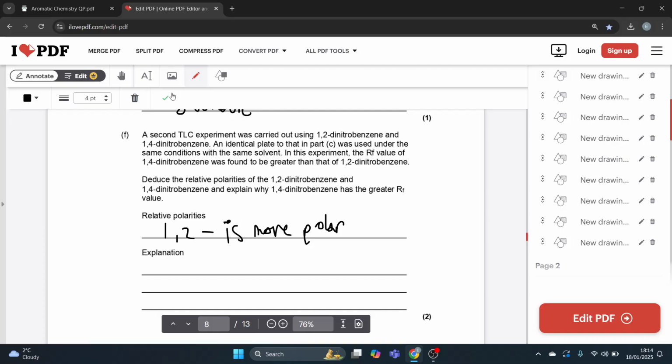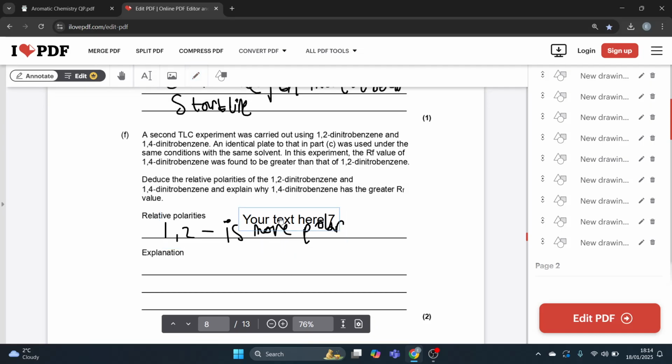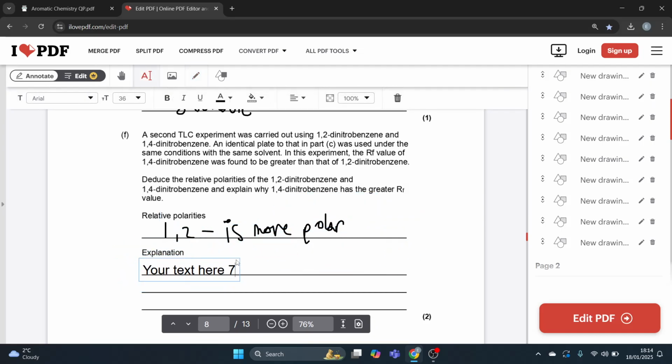And why? 1,4-dinitrobenzene has a greater RF value, okay, less polar. Because it is less polar, as less attracted. Obviously, you shouldn't say "it is", you should say 1,4-dinitrobenzene.